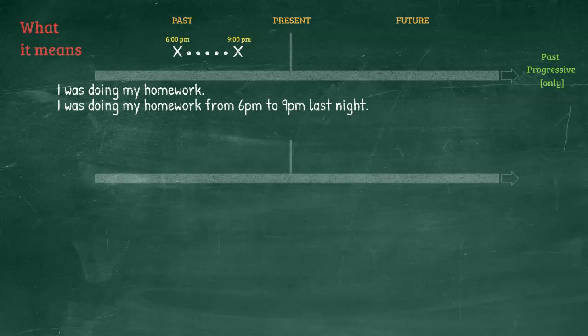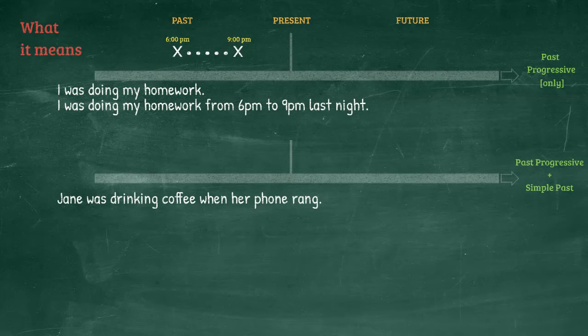If we want to make a complex sentence with both the past progressive and the simple past, it would look something like this. For instance, if the sentence is, Jane was drinking coffee when her phone rang. This would mean that from this point in the past to this point in the past, let's just say, Jane was drinking coffee.